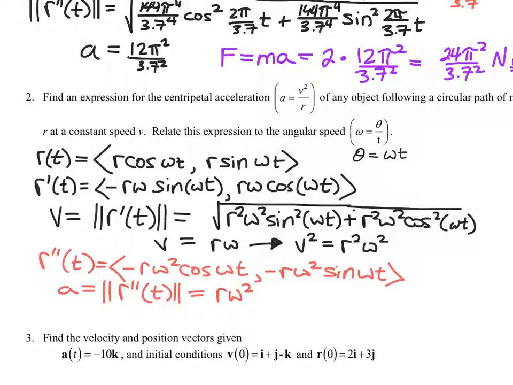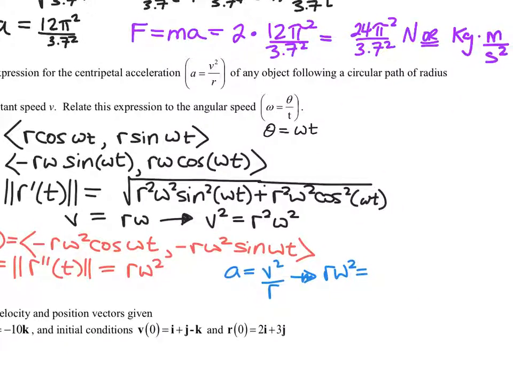So if I'm looking for a, we're looking to justify a equals v squared over r. I have what I need. We're looking at r omega squared is equal to r squared omega squared over r.